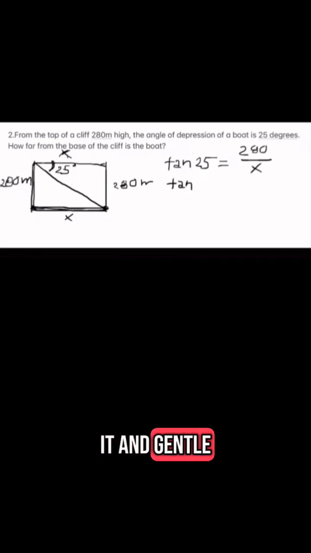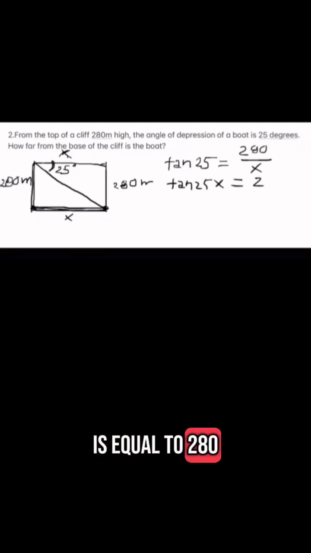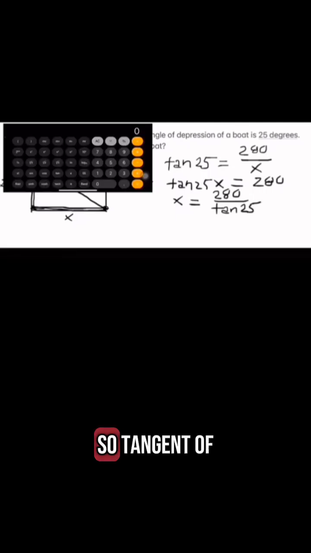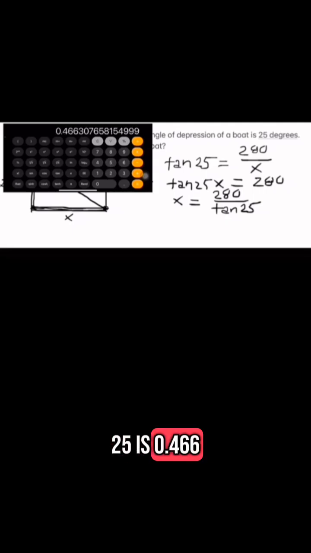Then cross multiply: tangent of 25 times x is equal to 280. So x will be equal to 280 over tangent of 25. Tangent of 25 is 0.466.